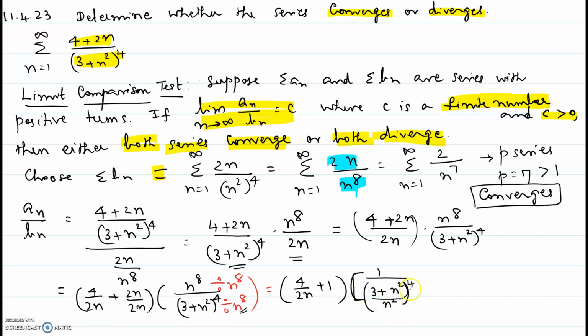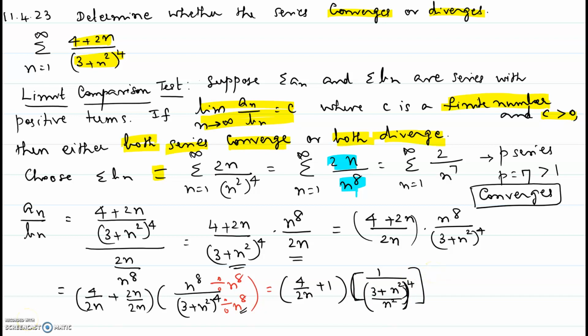So (n squared) to the power 4 is n to the power 8. So I am putting that whole thing in the parentheses. So it is (3 plus n squared) to the power 4 over (n squared) to the power 4. (n squared) to the power 4 is after all n to the power 8.